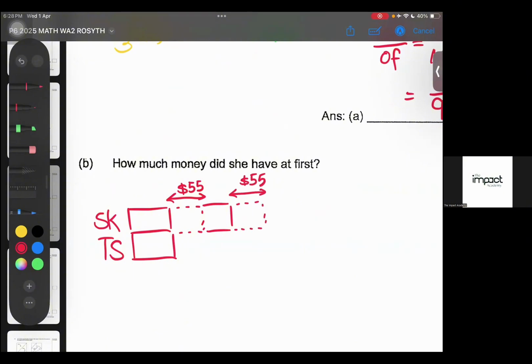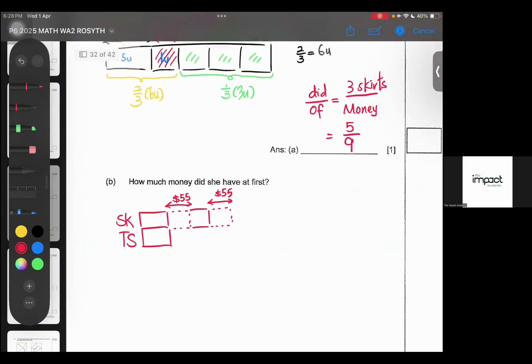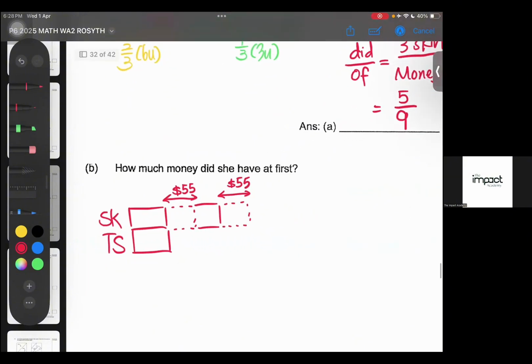Two. This is two. Are you on the same part as me? How many skirts do you need to draw? Three. True. So $55 again. True. T-shirt. Okay, five.